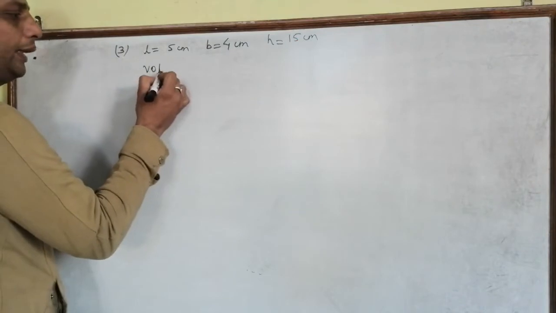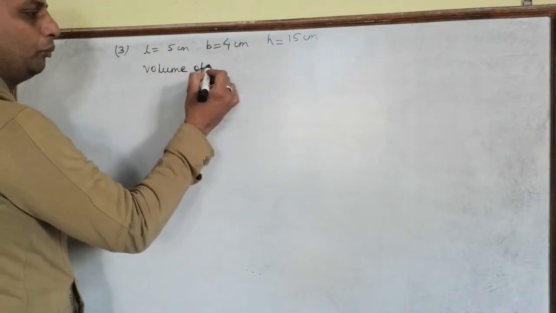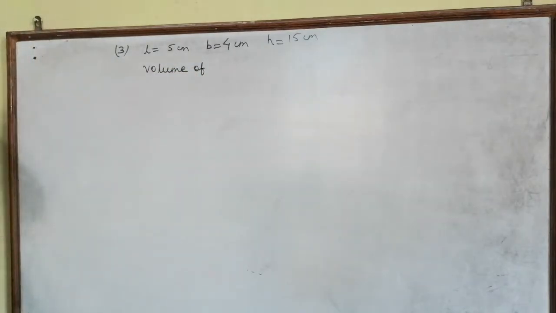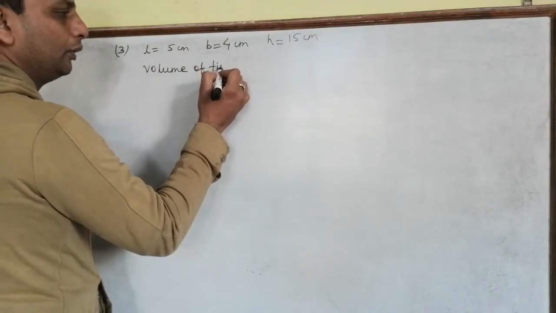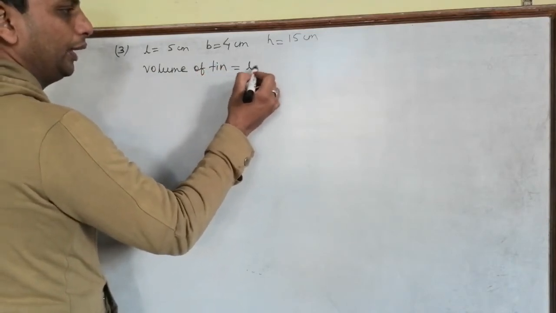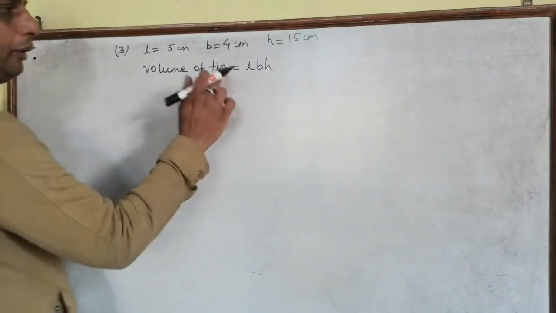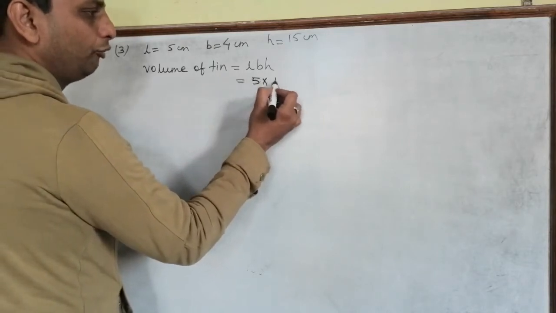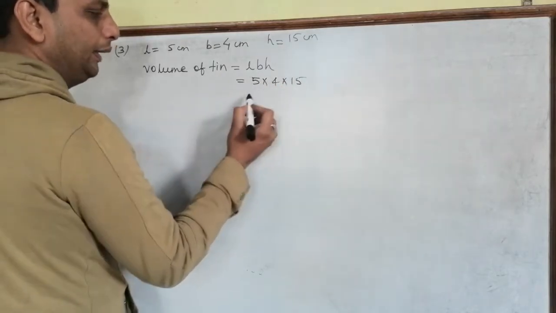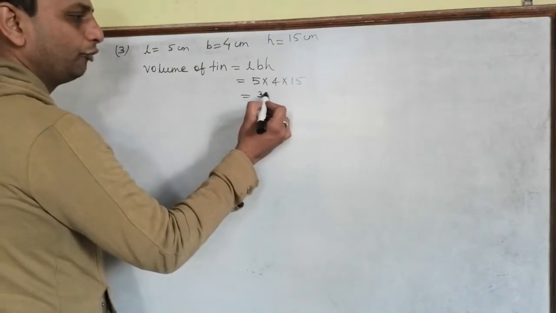Now we will calculate the volume of the tin having the rectangular base. A rectangular base means it will be in the shape of a cuboid. So length 5 times 4 times 15, 20 multiply with 15, gives 300 centimeter cube for the first one.